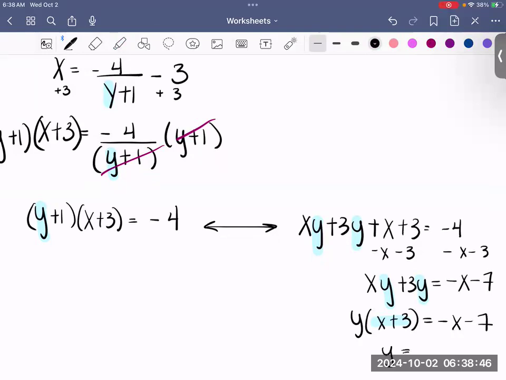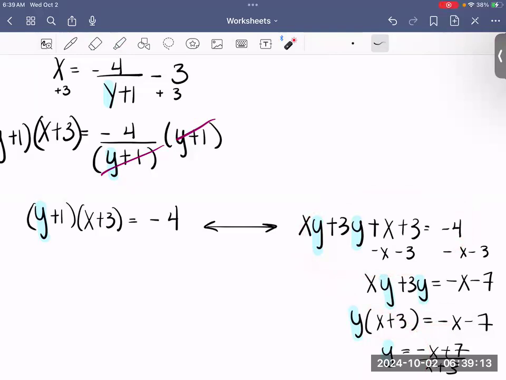Now we can go ahead and place it over there. So negative x minus 7 over x plus 3. So it is perfectly fine to do, oops, I highlighted the wrong thing up there. I should not be talking and highlighting at the same time. It's perfectly fine to FOIL it out and continue.